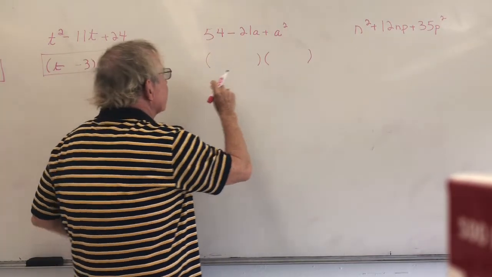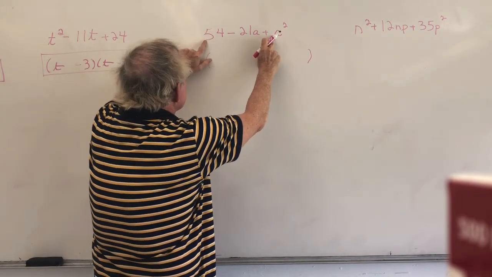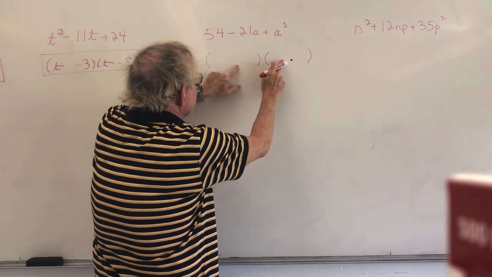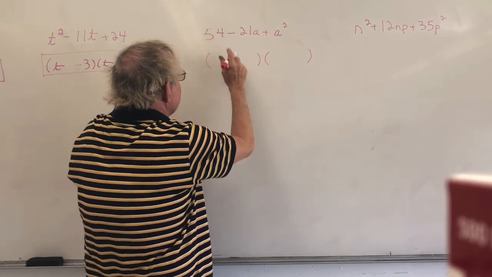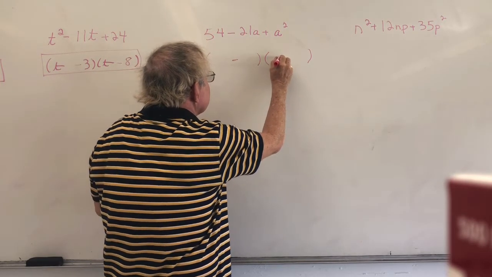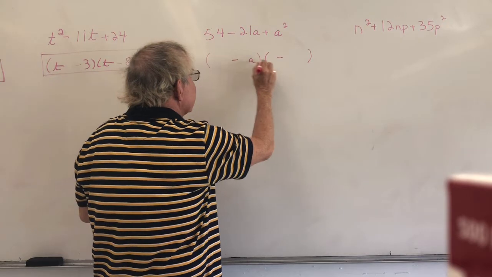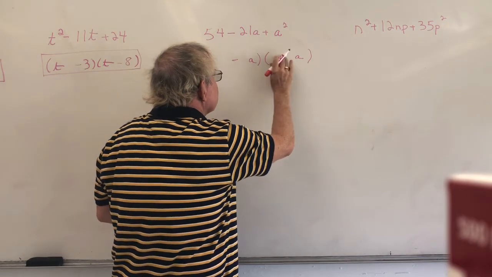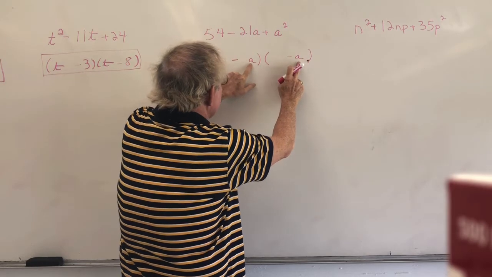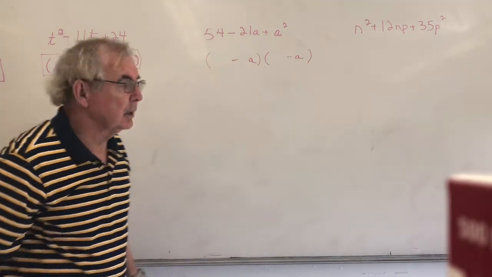Now, these 2 numbers are both pluses. So that means the signs are going to be the same, and that's what they're going to be. And we need a and a at the end. Because that'll give you a negative a times a negative a is your a squared.